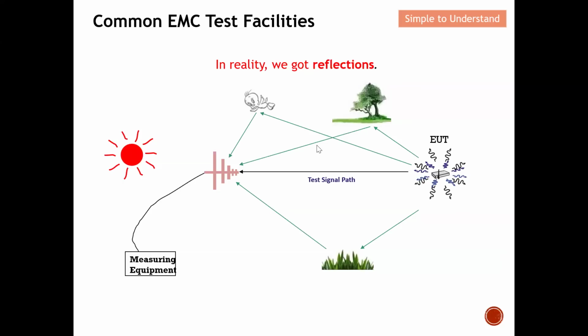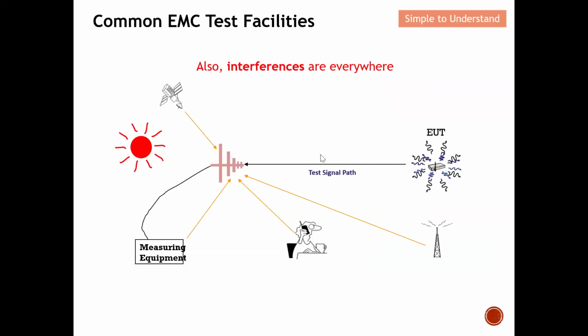Besides all this, we also have interference everywhere. As I mentioned earlier on, for example, we have FM broadcast, cellular users, satellite communication. All this can create a source of inaccuracy in the test and measurement result.